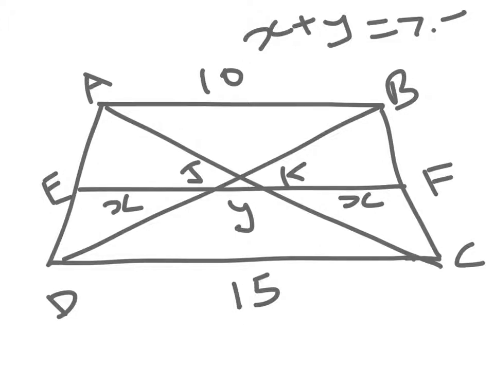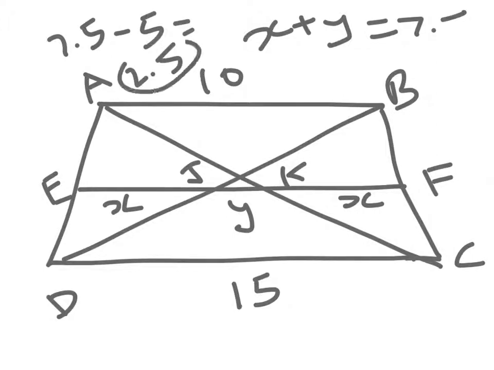Knowing X is 5, we can then calculate the length of Y. We know mid-segment EK is 7.5, and we know that EK is X plus Y. Therefore, to calculate Y, all we have to do is subtract 5 from 7.5. Therefore, Y is 2.5.